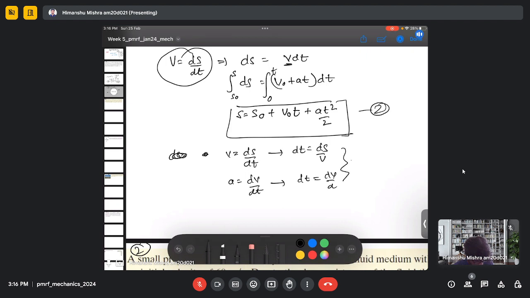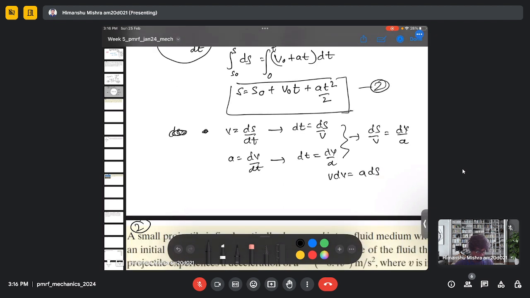From these two expressions we have ds by v equals dv by a. So we can write this as v dv equals a ds.